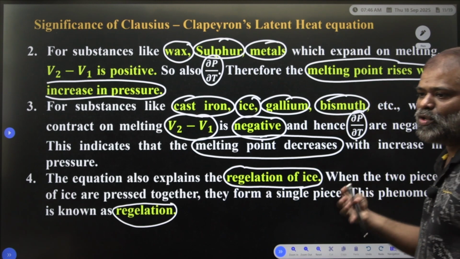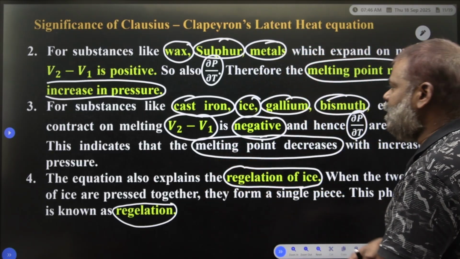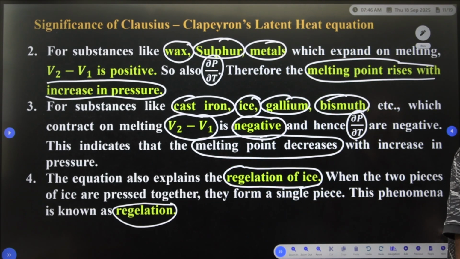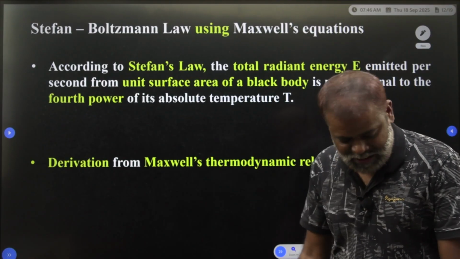This phenomenon we call regelation. Clear? So this is very important, you have to remember it. This is the physical significance of the Clausius-Clapeyron equation.